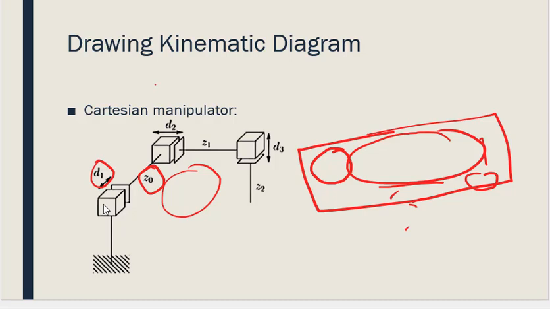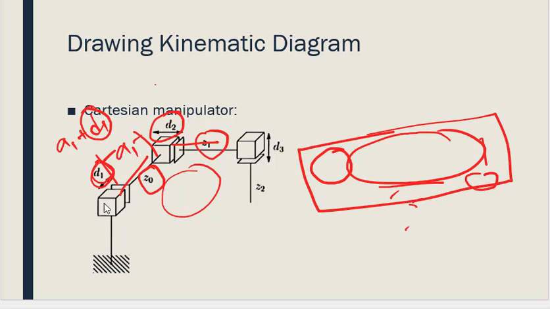Actually, we don't know. We can denote A1 as a fixed distance, but D1 is not fixed. D1 plus A1 plus D1. That means D depends on the prismatic joint distance, and we just change the coordinate system.